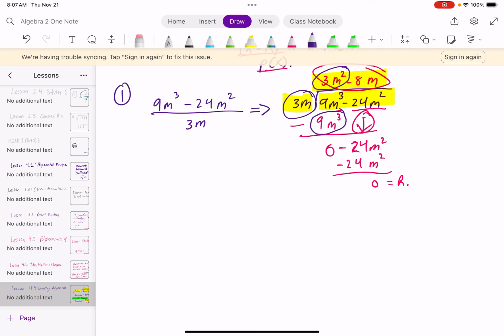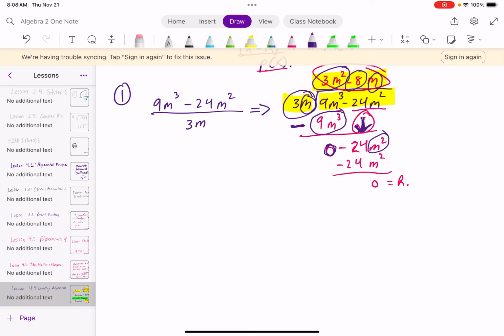And that's if you subtract, right? Because you're going to subtract, that's going to give me 0. Then you're going to bring this down, and that's going to be negative 24m squared. And you think, 3m times what gives me negative 24? 3 times negative 8 will give me negative 24, and m times m will give me m squared.